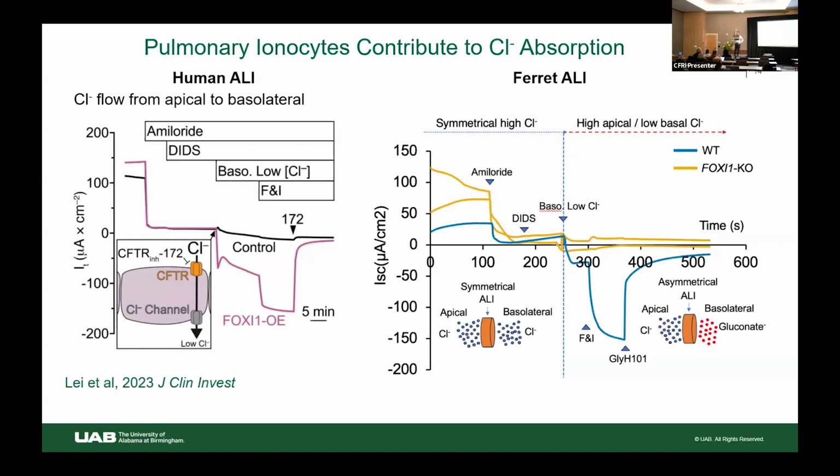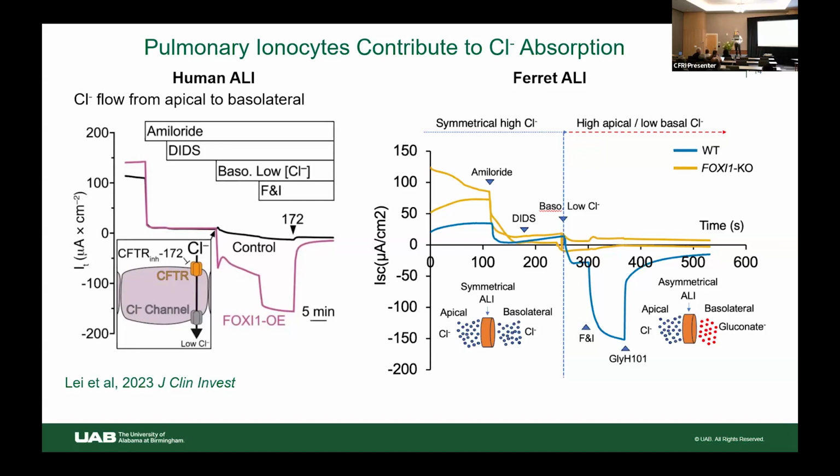So what we found here is that in a wild type culture system, they showed a huge amount of chloride ion moving from the apical side to the basolateral side, which is stimulated by forskolin and IBMX and inhibited by GlyH-101.